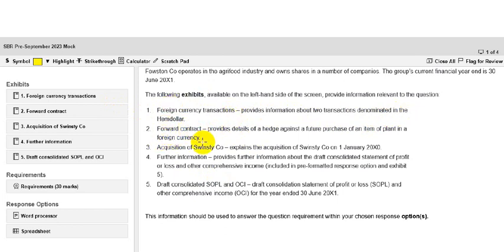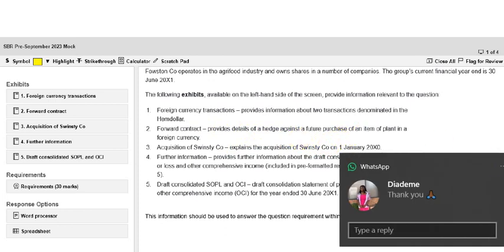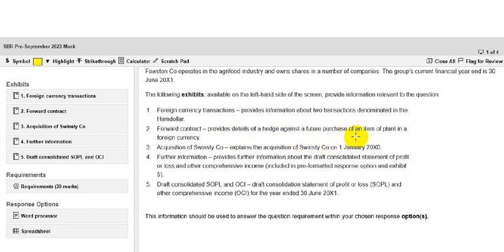The second exhibit provides a forward contract, with details of a hedge against a future purchase of an item of plant in a foreign currency. Exhibit 3, acquisition of ESCO, explains the acquisition of ESCO on 1st January 2020.